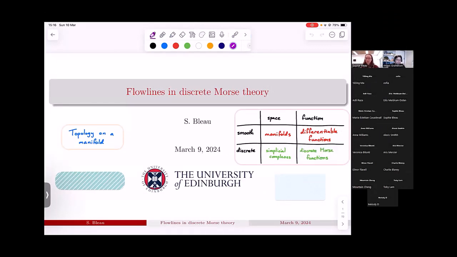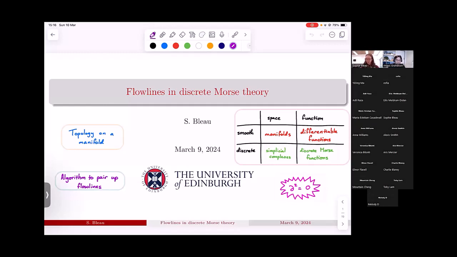My project over the summer was basically making an algorithm to pair up different flow lines and ultimately, in a way that you will see throughout this talk, prove that the square of the differential is 0, which is not a new result, believe it or not. But this was a new proof, which was very cool for a summer project for me.